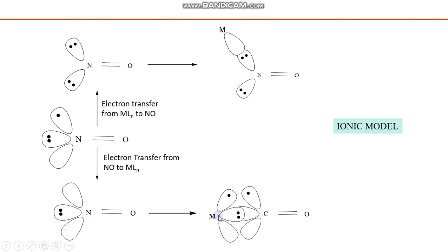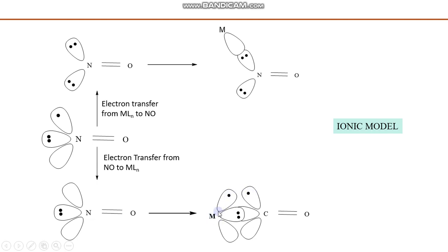Overlapping will take place, and sigma bond will form. On the other hand, the electron which has already been transferred to metal fragment, metal will offer that electron pair for bonding, and a bond which we normally call as ionic bond. So this is coordinate covalent bond, and this one is ionic bond.